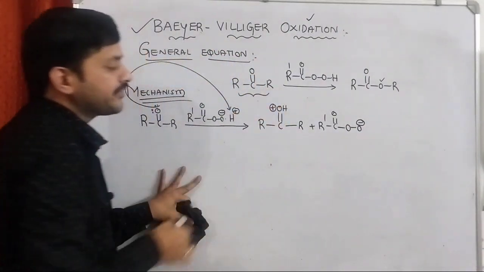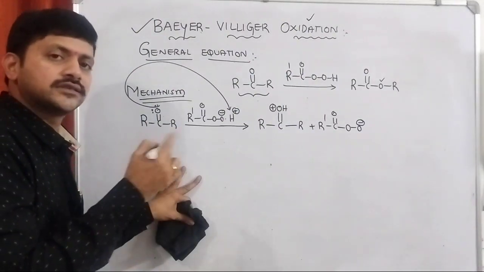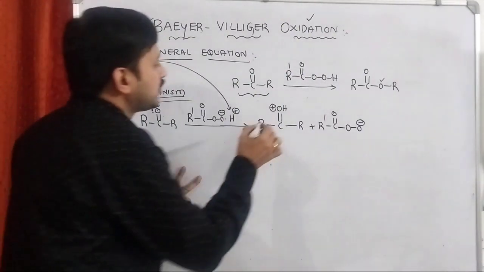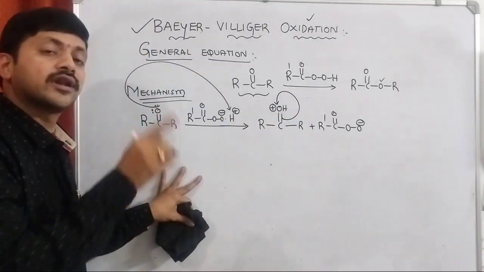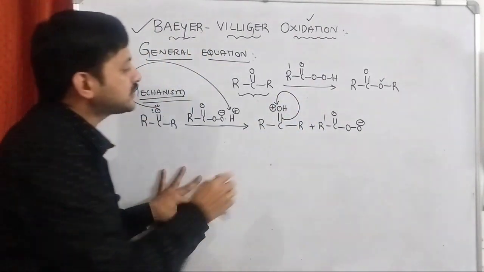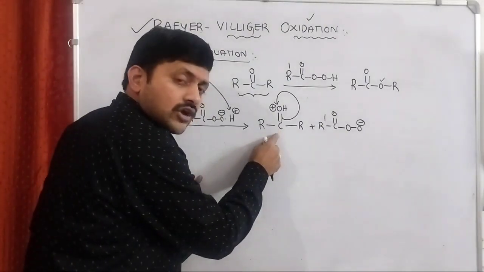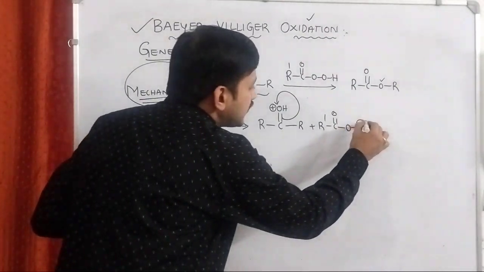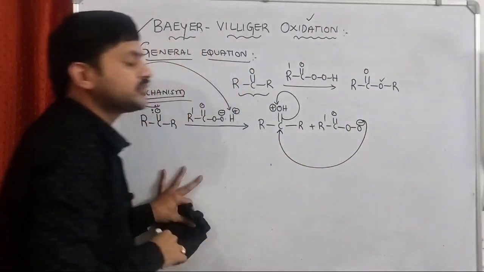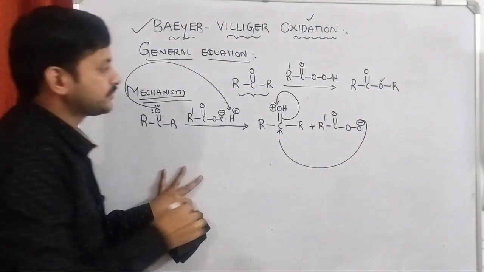Here oxygen is having positive charge, that's why it wants electrons. These pi bonding electrons move towards the oxygen to neutralize the positive charge. Because of that, this carbonyl carbon is going to have positive charge. This negative charge approaches this particular carbonyl.